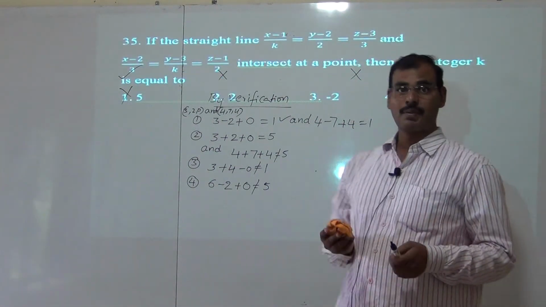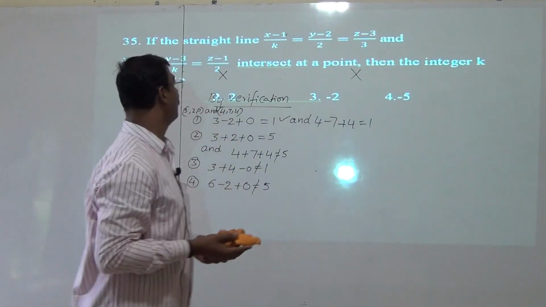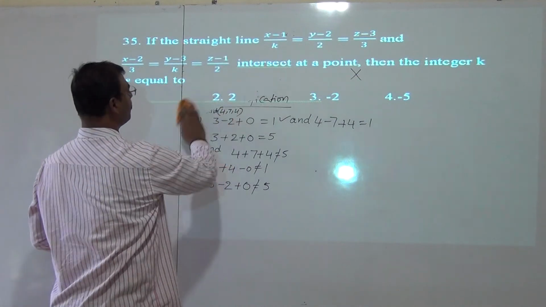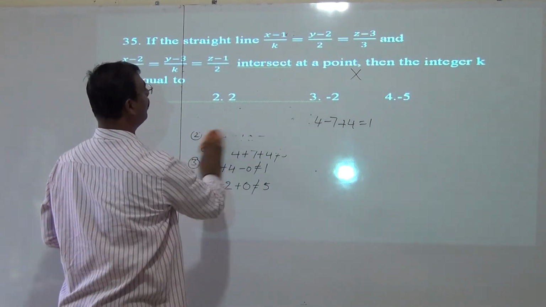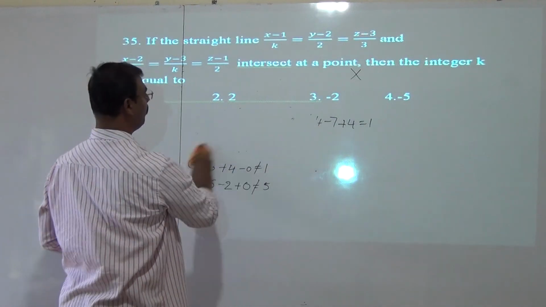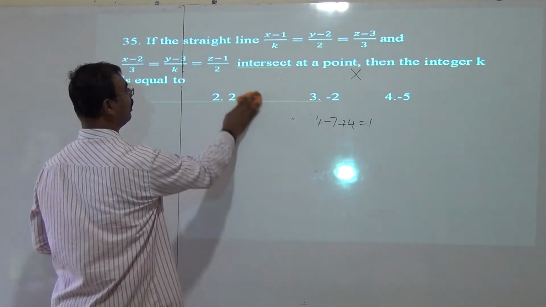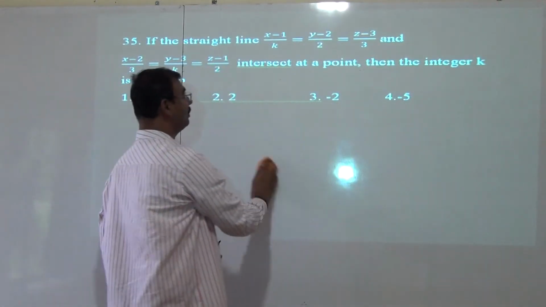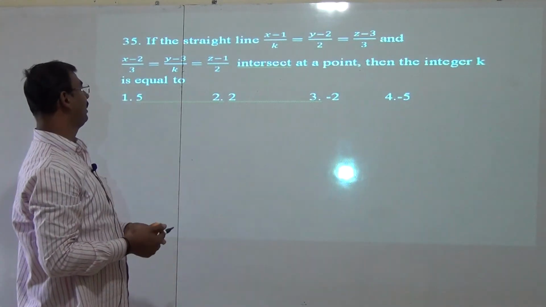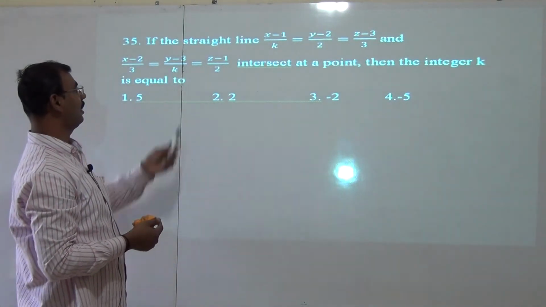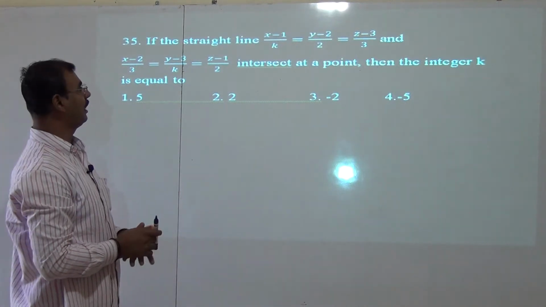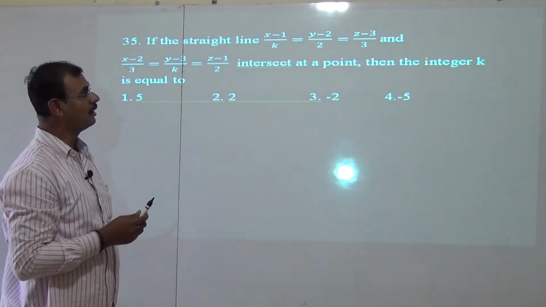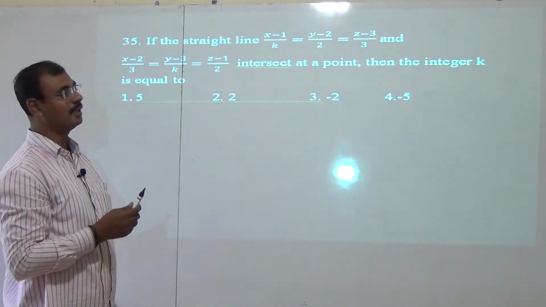The next problem is: if the straight line (x minus 1)/k equals (y minus 2)/2 equals (z minus 3)/3 and (x minus 2)/3 equals (y minus 3)/k equals (z minus 1)/2 intersect at a point, then the value of k in integers.